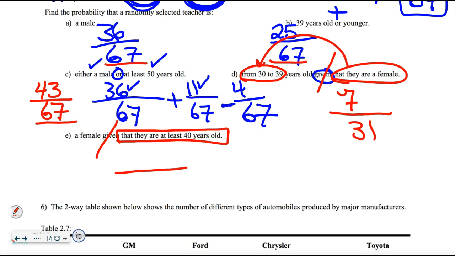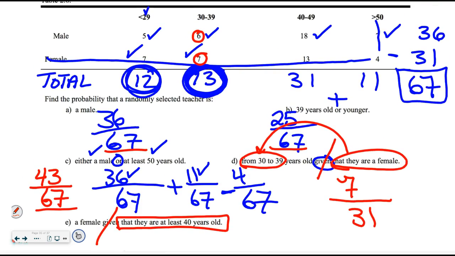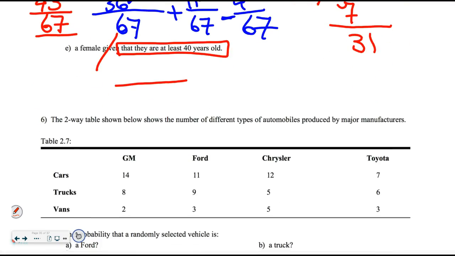I'm 52. Am I at least 40? Yeah. So I have to include both of those. So we have to be really careful that when we say at least 40, we got these guys, the 42-year-old, but these guys are also at least 40. They're well over 40. So make sure you say, oh, there's 42 who are at least 40.